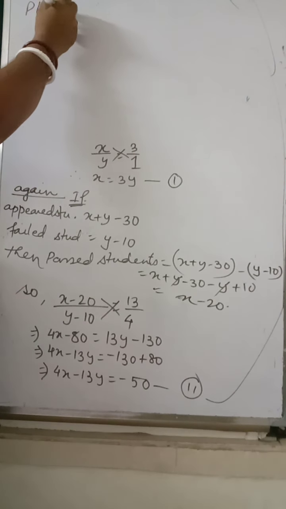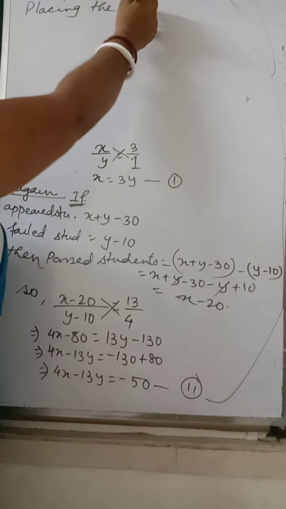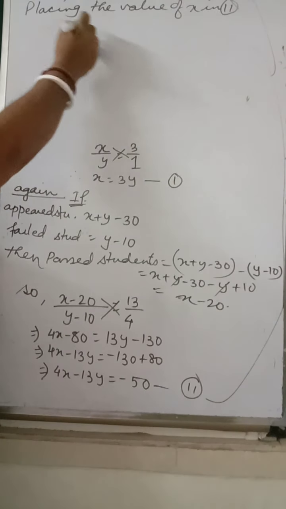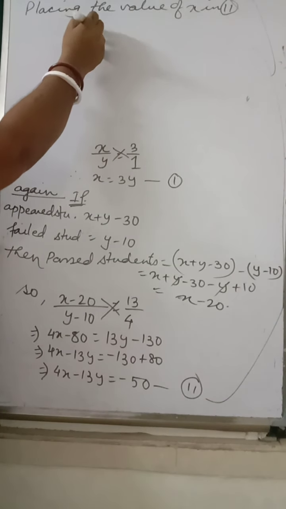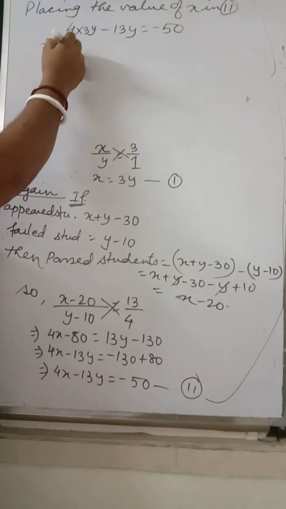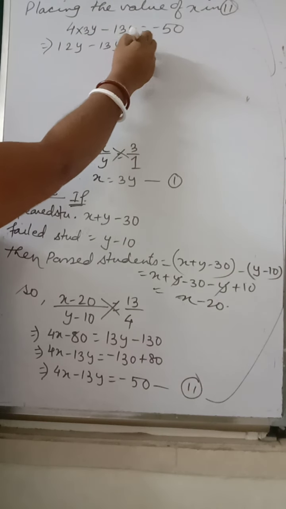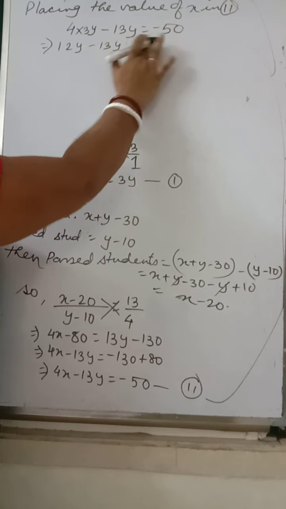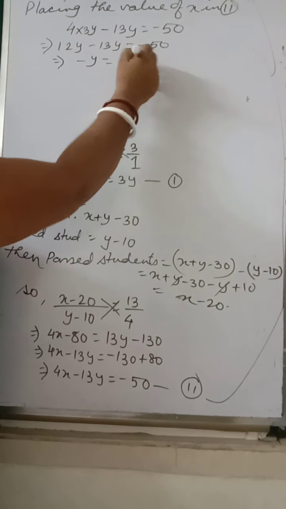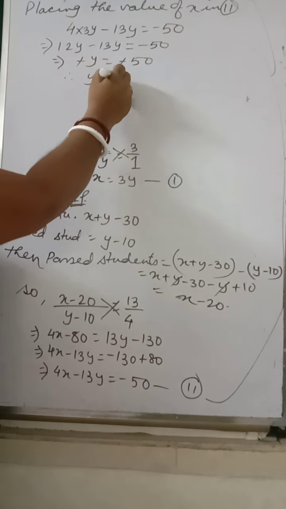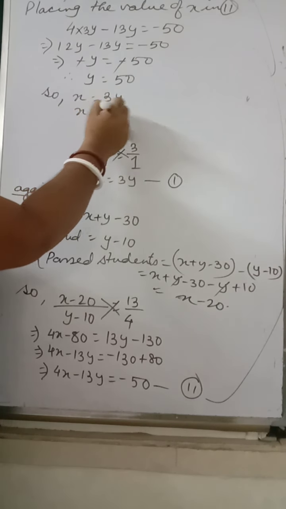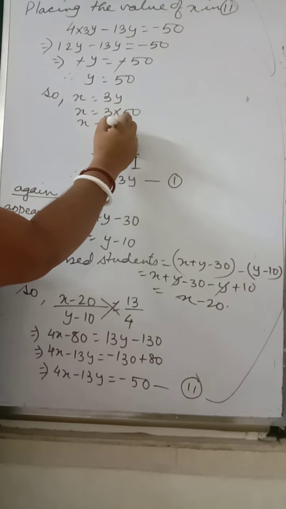So it was 4x, x was 3y, so 4 into 3y minus 13y is equal to minus 50. 12y minus 13y is equal to minus 50, or minus y is equal to minus 50. So y is equal to 50. So x would be 3y. So x is equal to 3 into 50, or x is equal to 150.